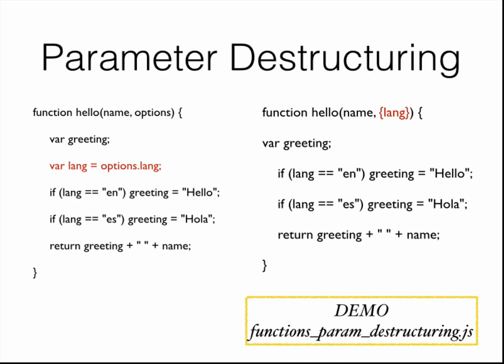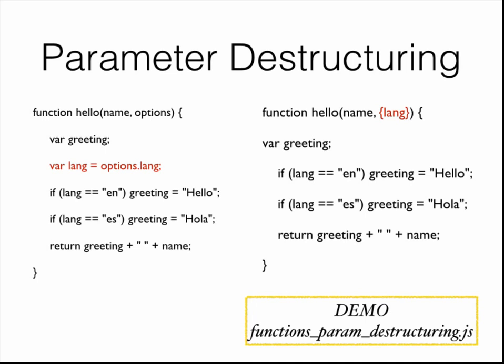It gets this options input argument, it gets its lang key, and it essentially sets it to a lang variable. So instead of this, we can just write this. While calling this, we will still be passing an object. We won't be passing just English. We will still be passing language equals English or language equals Spanish.